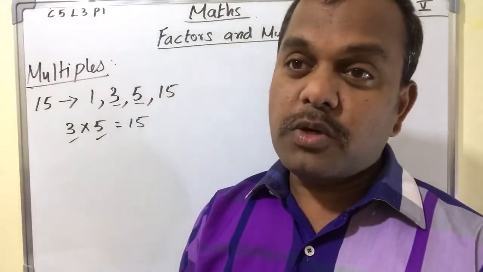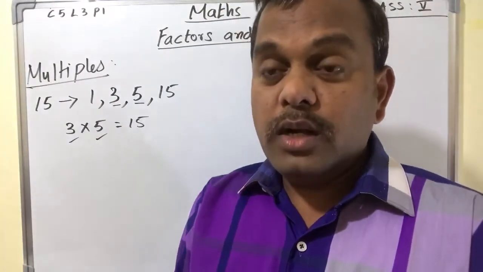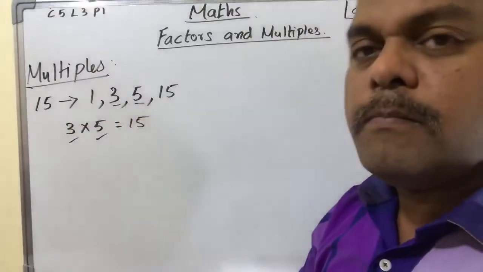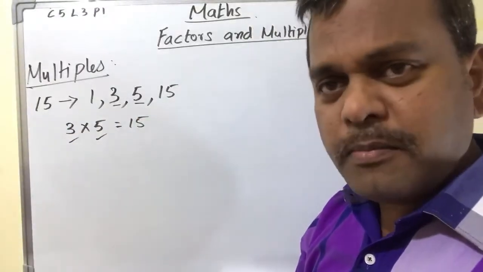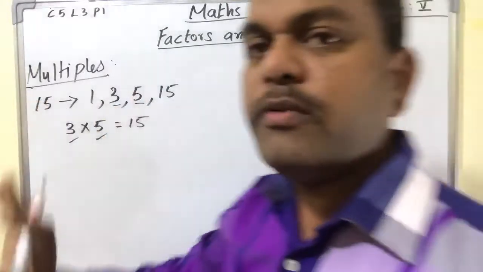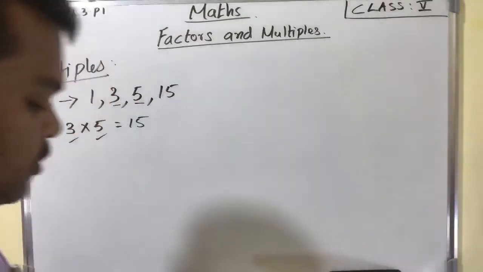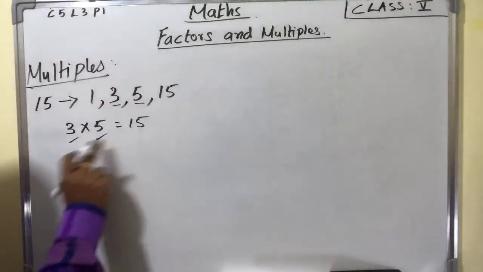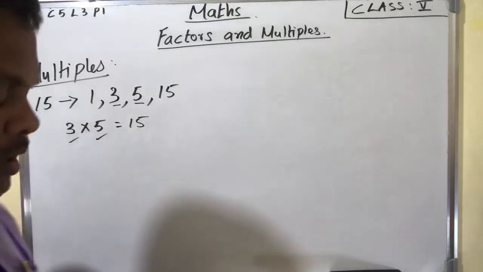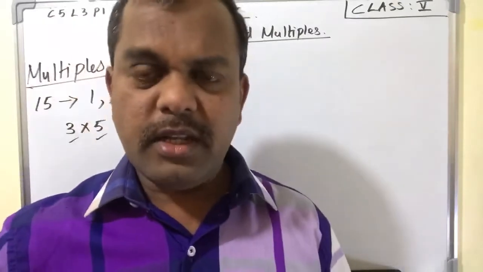Understood? Here you can ask one question: sir, why only 3 and 5? Why not 1 and 15? Yes, you can say so. So 15 is also a multiple of 1 and 15. No problem. Understood? Next one, I will explain further when it comes.